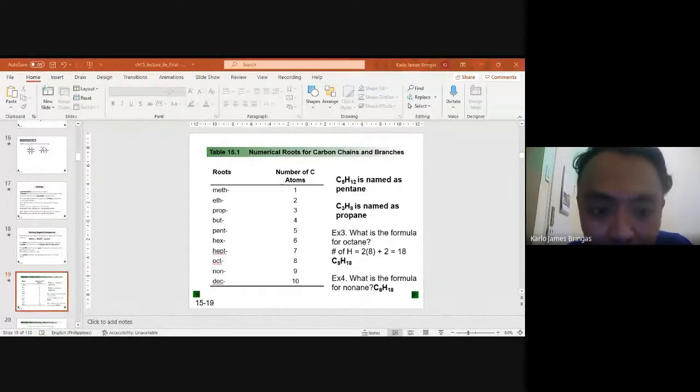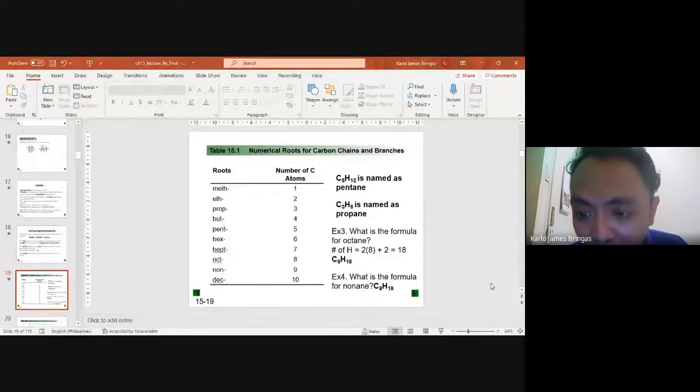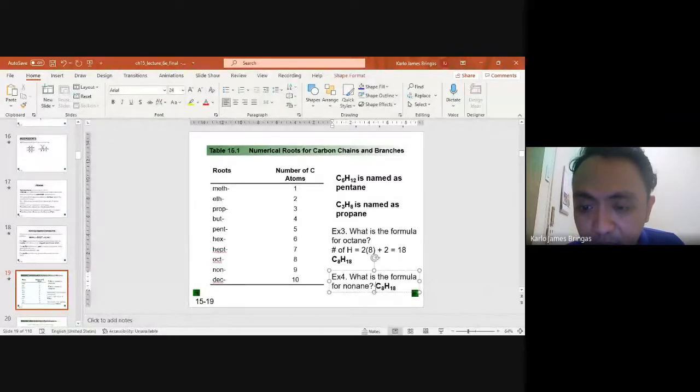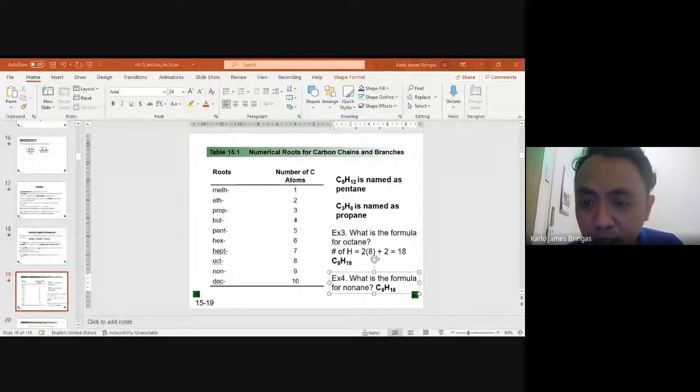First, tell me muna sa chat box, how many carbon atoms ba mayroon kay nonene? Okay, so Lourdes has that one correct. Same with Jamuel. So meron siyang 9 carbon atoms.